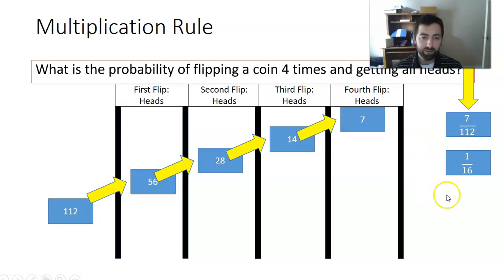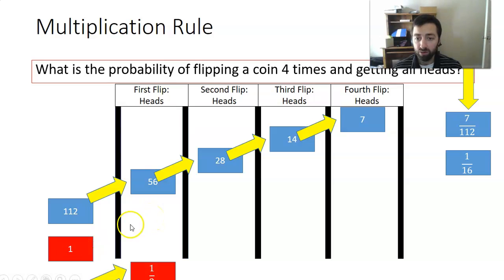Now there's another way that we can think about this. We can think of ourselves as starting off with 100% of our 112 here. 100% is just noted as 1. How many of these people will get heads the first time? Well, half. How many will get heads the second time around? Half of half.